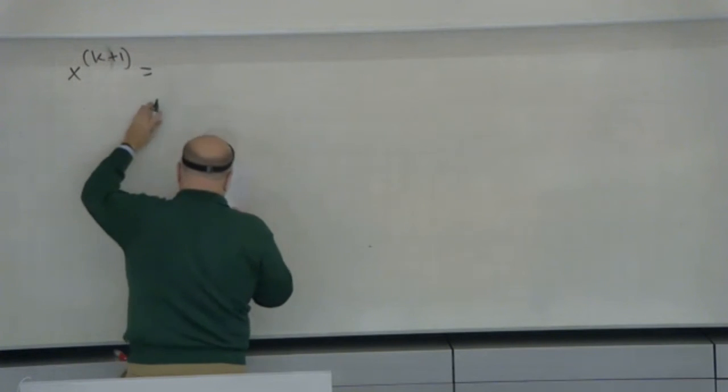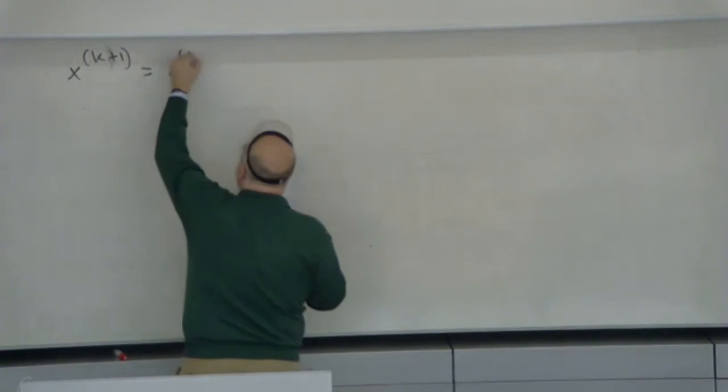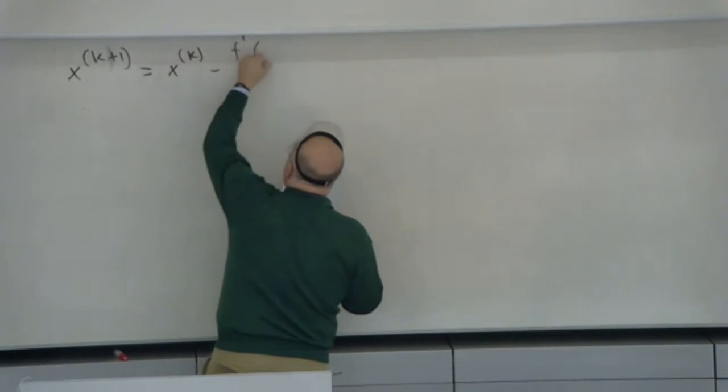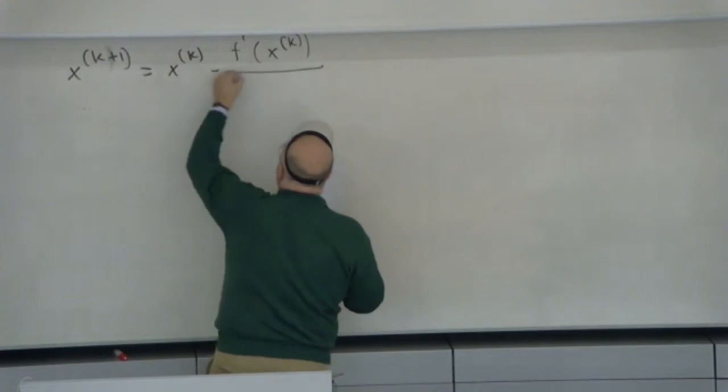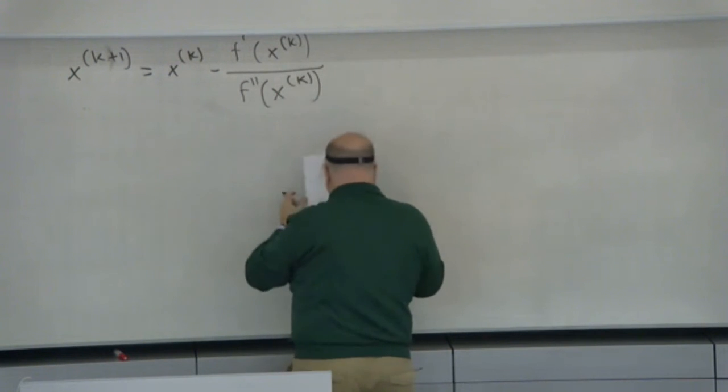So again, we start with Newton's method, xk plus 1 equals xk minus f prime at xk over the second derivative at xk.